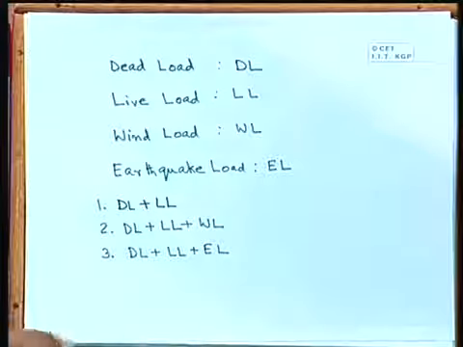Generally we do not consider wind load and earthquake load in the same combination. We assume that a cyclone and an earthquake will not occur simultaneously, and that is a reasonable assumption, because if we take care of both of them, it is good, but we shall not get an economic design.